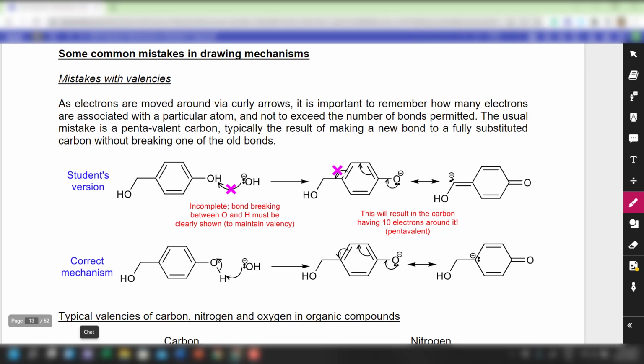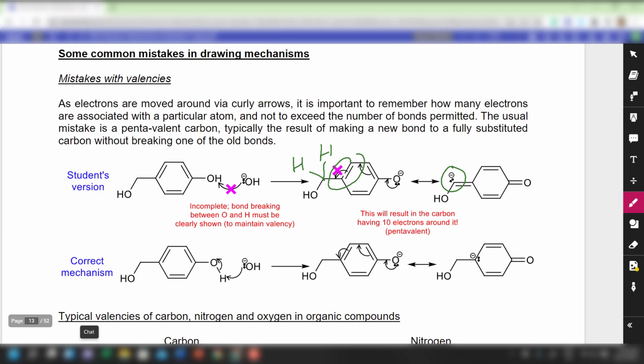And then of course in the drawing of resonance structures here, it is very often that students will draw like this. Imagine that if you push it like this, this particular carbon will have more than 8 electrons around it. How do we know? Because there are already 2 H's there.